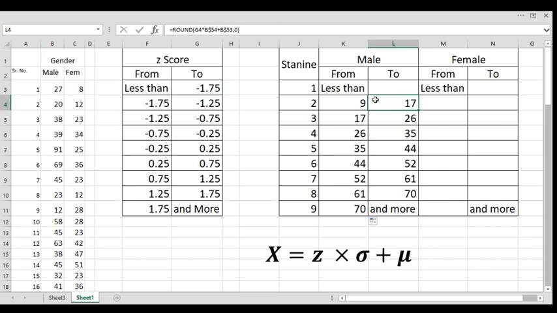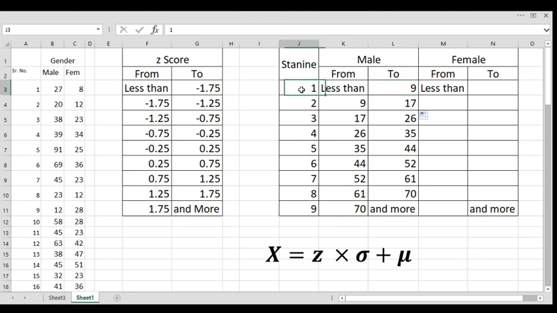When that cell is active, we drag it upwards and the formula written in L4 will be copied in L3, and in this way we find the ending point of first stanine, and that is 9. In this way, friends, we have found the ranges for each stanine in terms of the data of male.